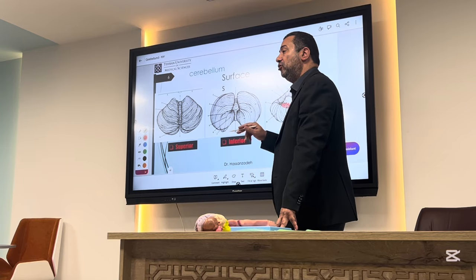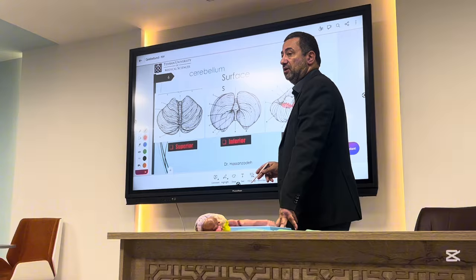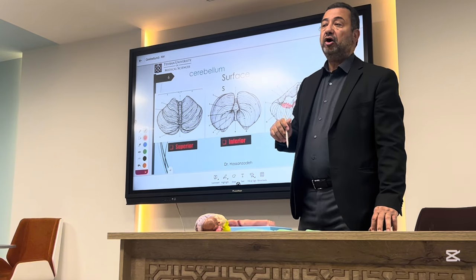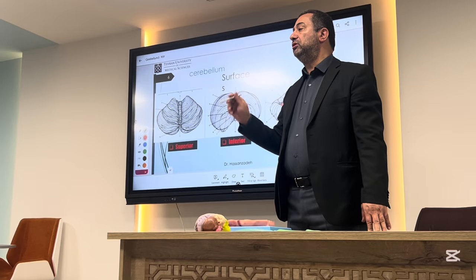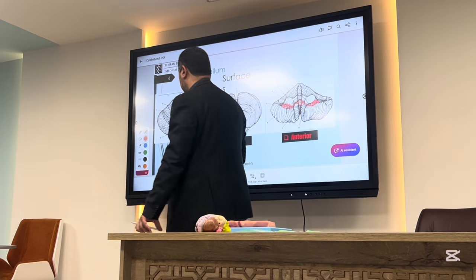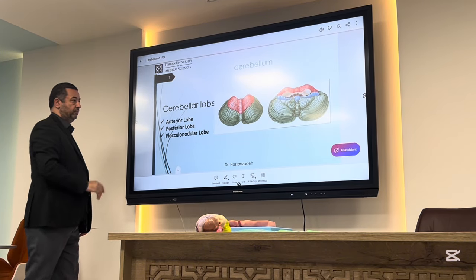Nodule from inferior vermis and peduncles and folliculus, these parts together are called folliculonodular lobe.